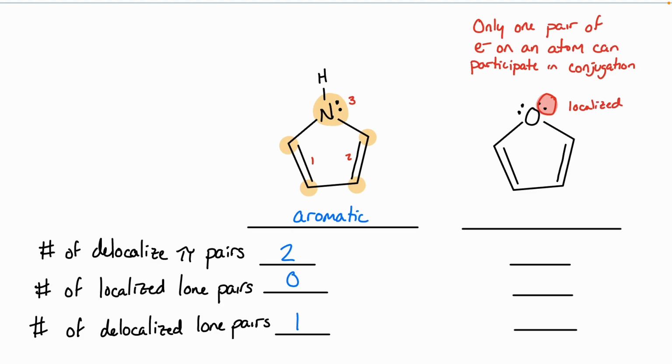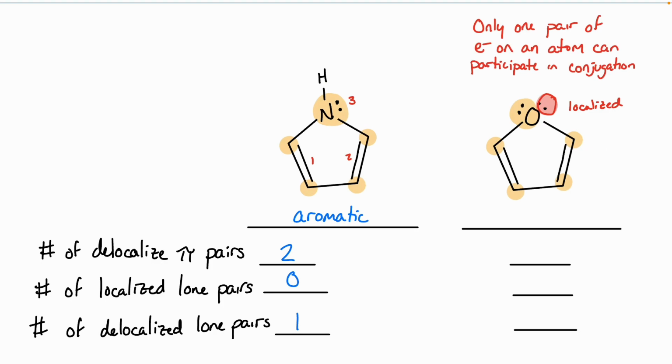But looking at the other one, I'm going to play the same game here. All right, these are all sp2 hybridized. That other lone pair gets to choose whether or not it's going to join the ring. If it does, that would make that ring aromatic, so it does.